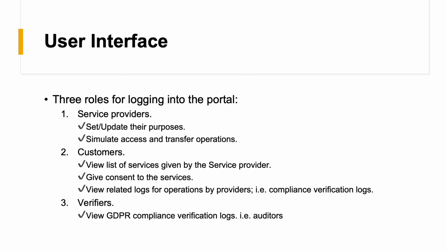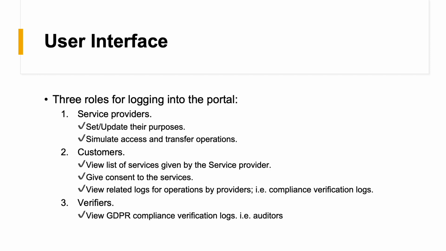The portal provides a mechanism to test our various scenarios and functions. Access control is implemented using three main roles, each with different capabilities. The first role is service provider. They can set or update their purposes, and they can simulate access and transfer operations.